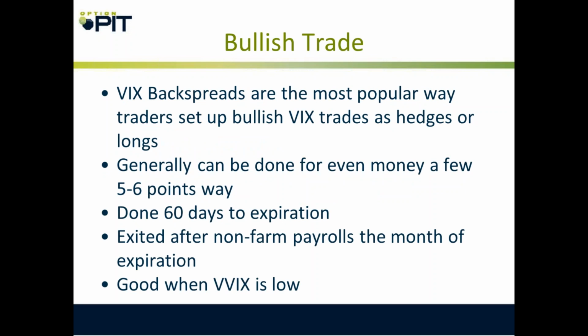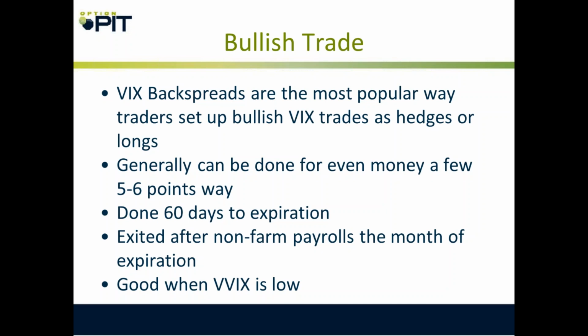So the big trade most traders use is called a back spread. A back spread is when I'm short one option close to the money and I'm long two options out of the money, or three options. Generally, I set these up about 5 points wide, 6 points wide if I want to go further out.